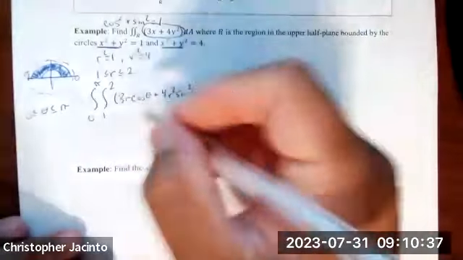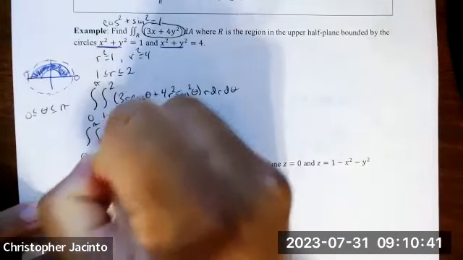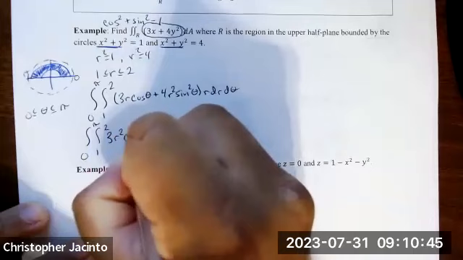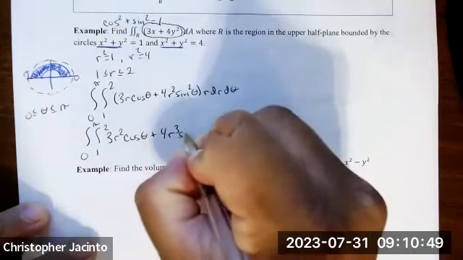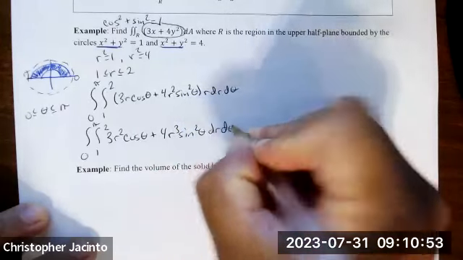All right, so I'm just going to bring this r in to be 3r squared cosine theta plus 4r cubed sine squared theta, dr d theta.